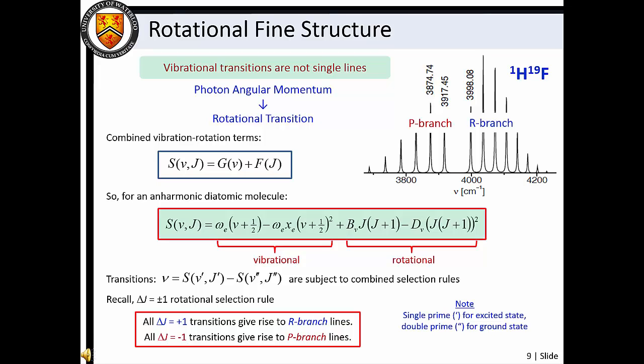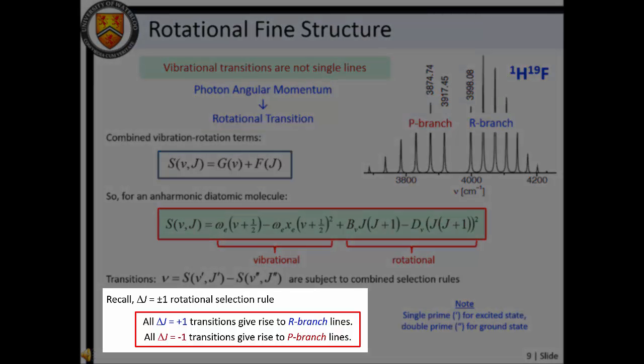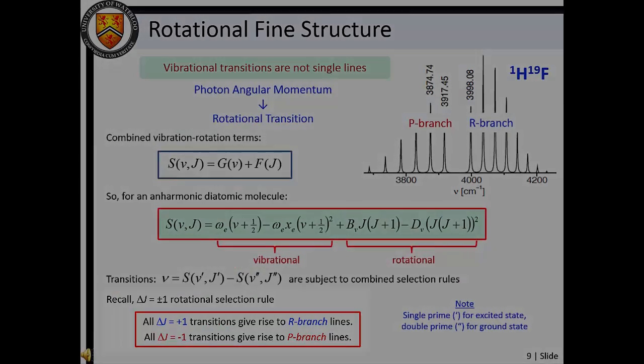For example, we now know that there is a rotational selection rule of delta J equals plus or minus 1. If the upper level J value is 1 greater than the lower level J value, the transition is referred to as an R-line. If, on the other hand, the upper J value is 1 less than the lower J value, the transition is a P-line.